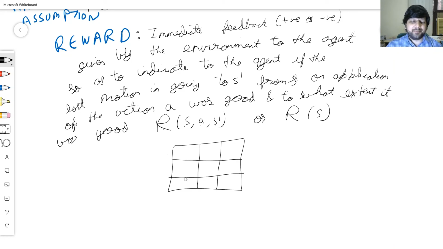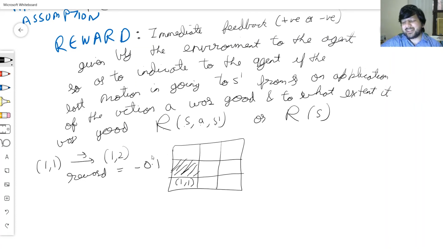And this time I start over from 1, 1, and I have an obstacle. So suppose from 1, 1, I apply the action right, I did not slip, and I reached 1, 2. So I say the reward is equal to minus 0.1. Why minus 0.1?